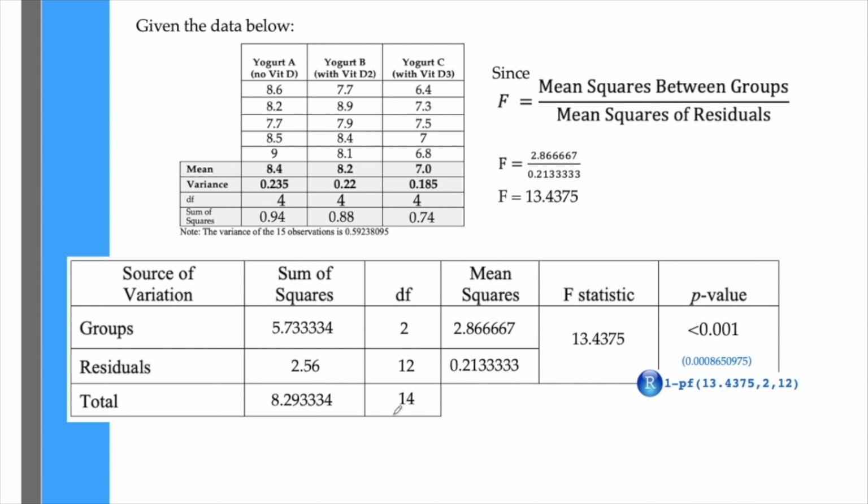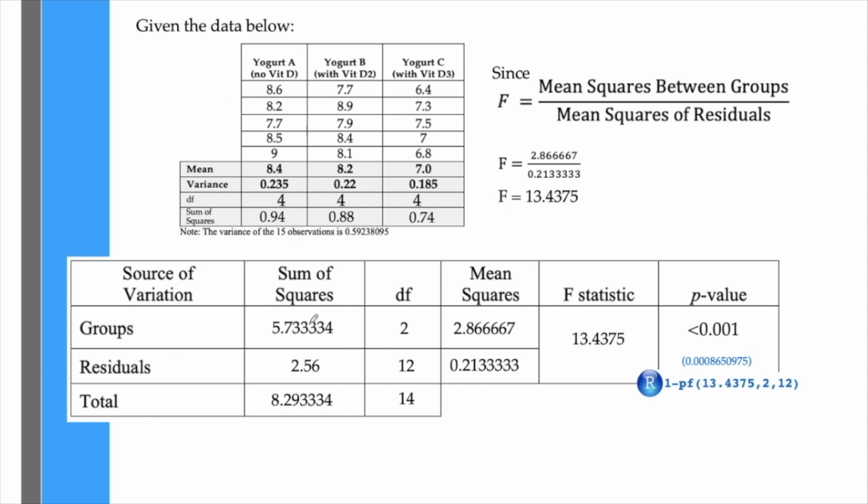And next, we computed for the total, meaning we considered all these 15 values as a single set. So since we have here 15 samples, 15 minus 1 is 14. And the sample variance of these 15 values is 0.592. And with 14 degrees of freedom, sample variance times the degrees of freedom, we had 8.293334.